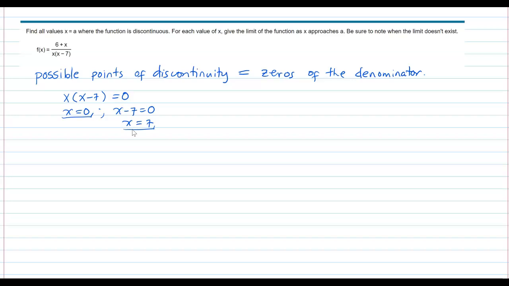Okay, so let's go ahead and plug that in. Let's have f at 0. What do you get? 6 over 0 times -7. So that means that at x equals 0, we have a vertical asymptote.